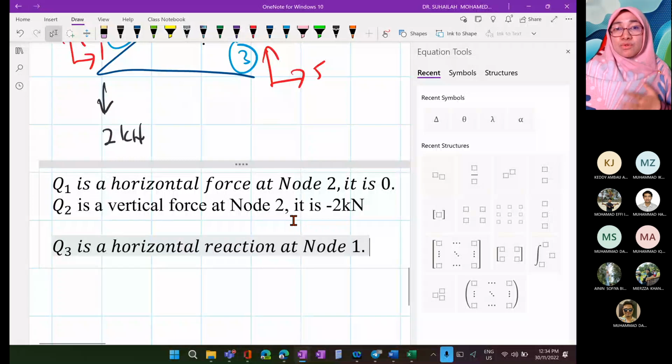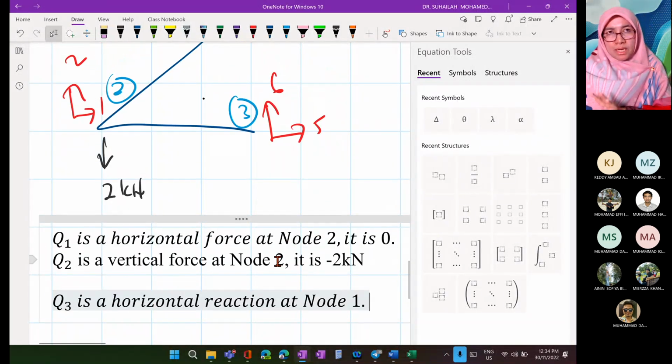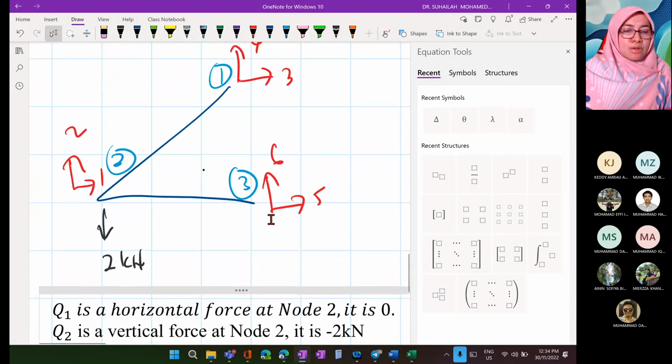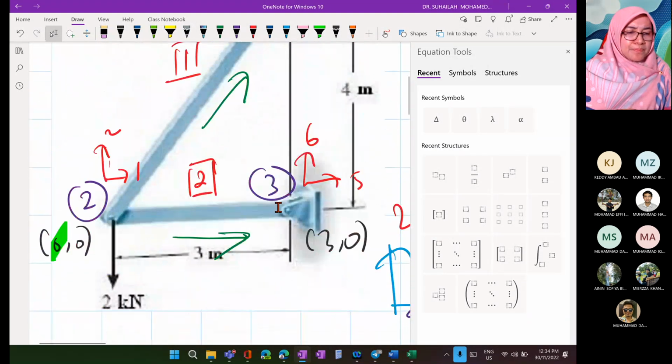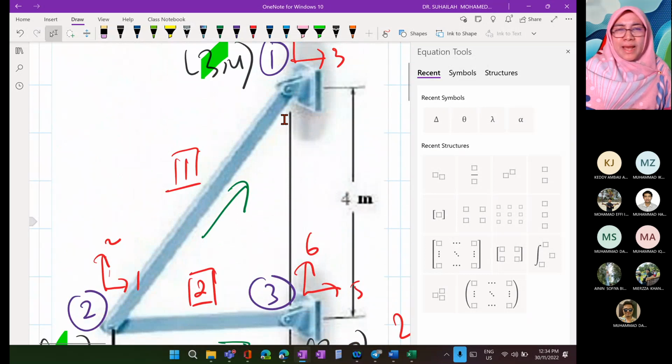Okay, same goes to D. And D and Q are opposite conditions. Because by looking at the diagram, when we have a pin at node number 1 and node number 3, logically, due to the support, there is no displacement. Displacement is equal to 0.